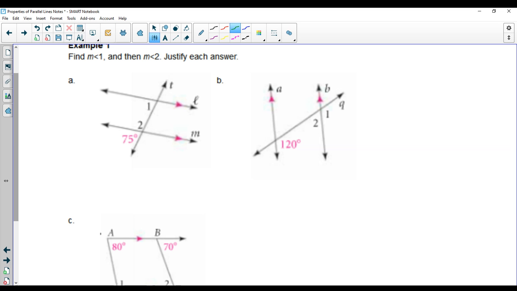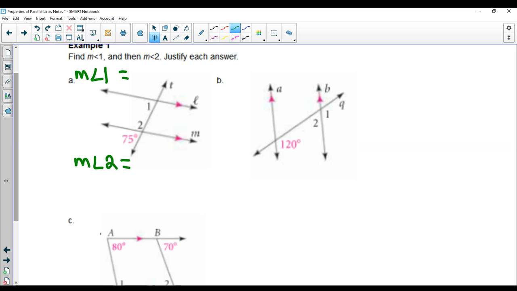All right. Now, we have to find the measure of angle 1, the measure of angle 2. All right, and they told us this one down here is 75 degrees below 2.